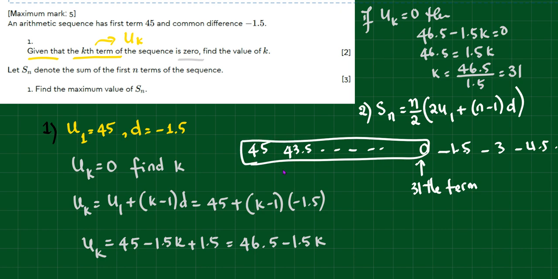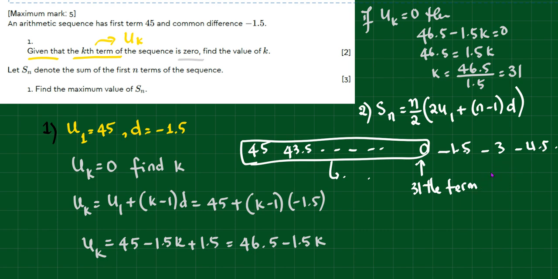If you find the sum of 31 terms, you get a value, and that value is the maximum of Sn. Or you can also find the sum of the first 30 terms, because the 31st term is already 0. So we can find the sum of the first 30 terms or 31 terms, it doesn't matter.